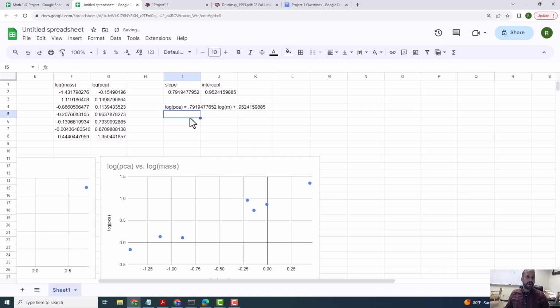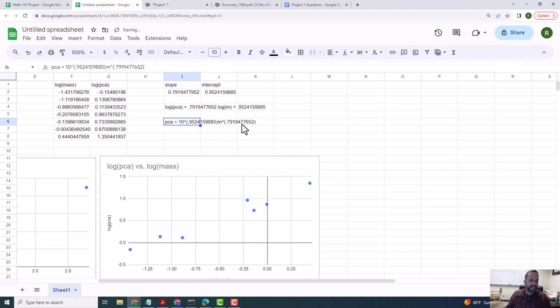Okay, so I don't care about the relationship between the log of the PCA and the log of mass. I want to know the relationship between PCA and m. And so to do that, I'm going to raise both sides to the power of 10. When I raise the left-hand side to the power of 10, I just get PCA. When you raise the right-hand side to the power of 10, you're going to get 10 to the power of 0.952415985 times m to the power of 0.7919477952.